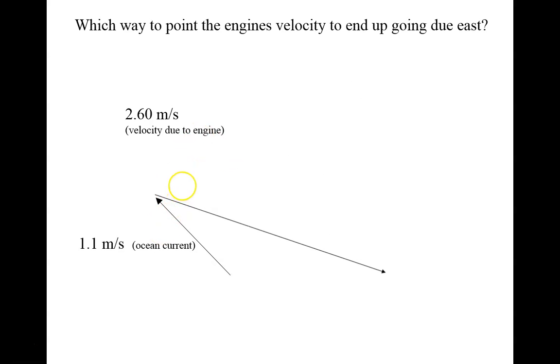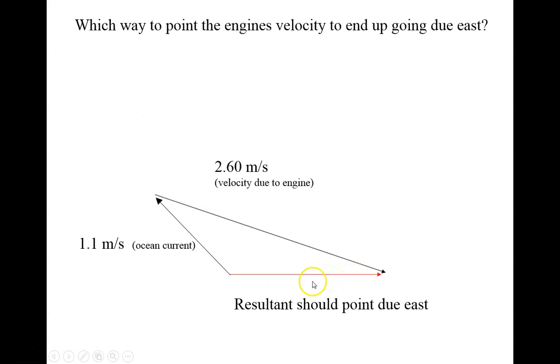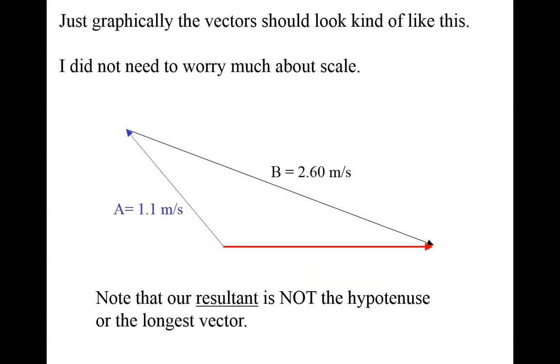Well, that should look something like this. So when I add the ocean vector and the engine vector, I should end up with something that's flat, pointed due east. So this is what I know about the situation.